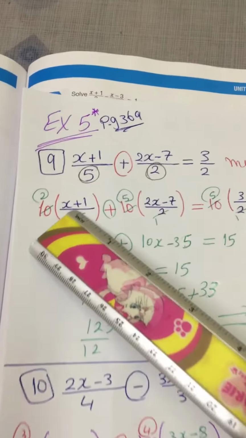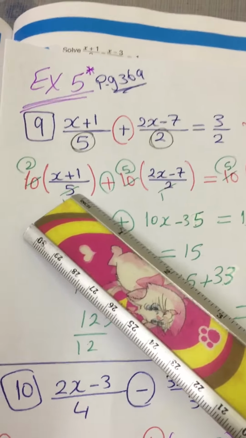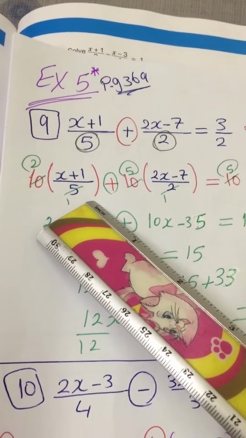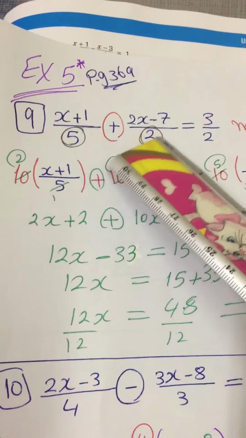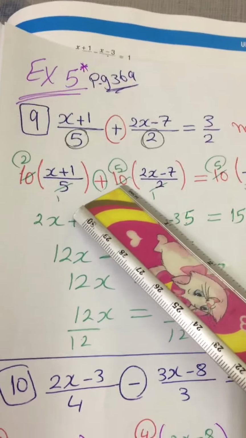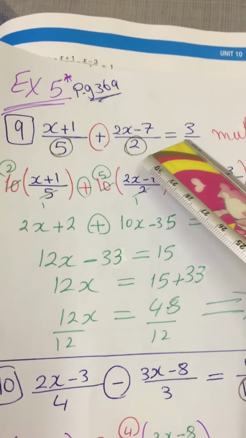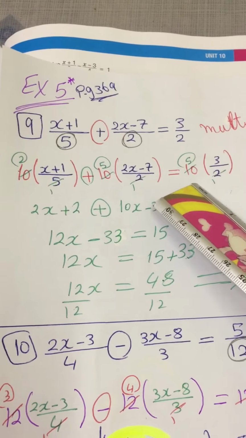Now 10 multiply the first fraction, x plus 1 over 5. Let's put it between brackets. Plus, put this fraction, 2x minus 7, between brackets and multiply it by 10 also. Equal the other side. Put 3 over 2 between brackets and multiply it by 10 also.